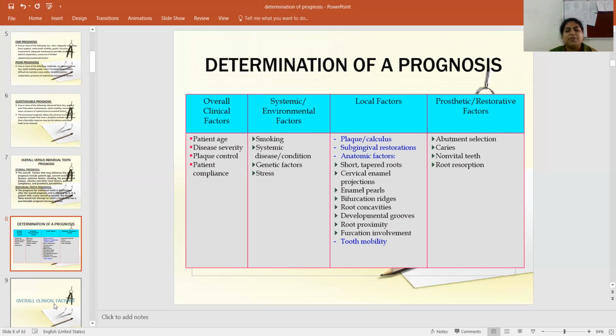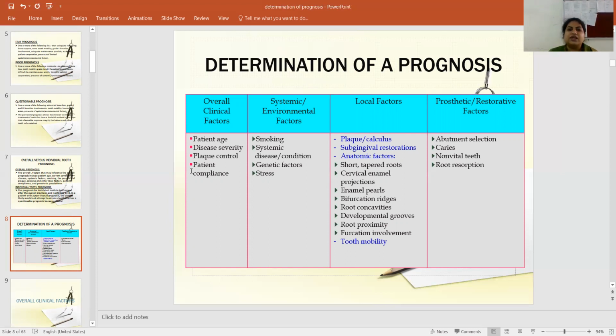You all know that plaque is the primary etiological factor for periodontal disease. Even after a periodontal surgical procedure, if the patient is not following the proper protocol, it is the responsibility of the doctor to make them understand the importance of oral hygiene and how to maintain it in that area.